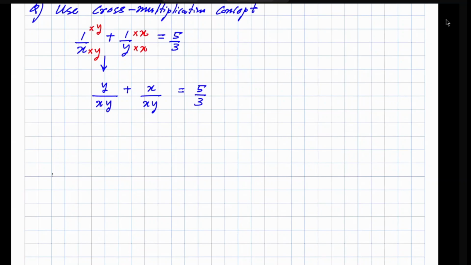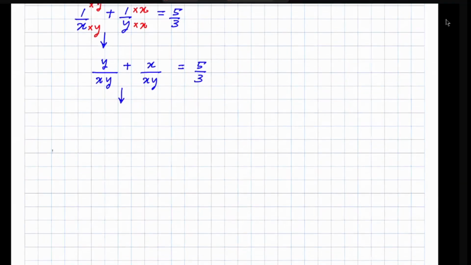So, we know this. Now you can see you have xy here, common denominator, y plus x I am going to add here, is equal to 5 divided by 3.